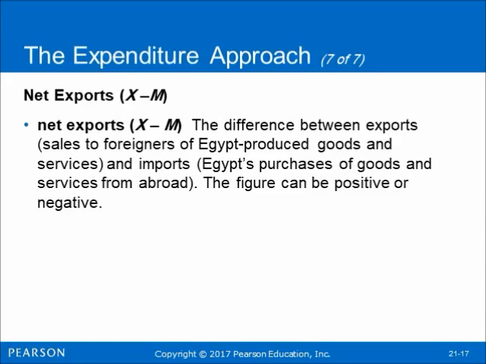Net exports, or X minus M. This is the difference between exports, sales to foreigners of Egypt-produced goods and services, and imports, Egypt's purchases of goods and services from abroad. The value of the difference can be positive or negative.